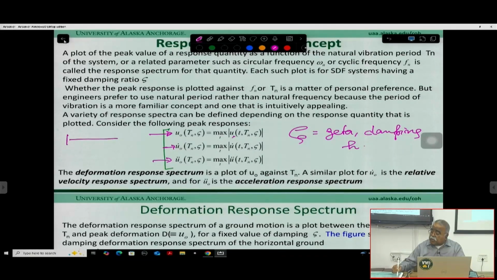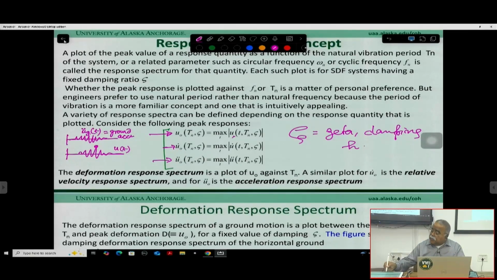This is your ground acceleration, UG double dot T. You put it as an input to the system and calculate UT, and this is your system response, and you calculate the maximum value, then that will be your value, right?